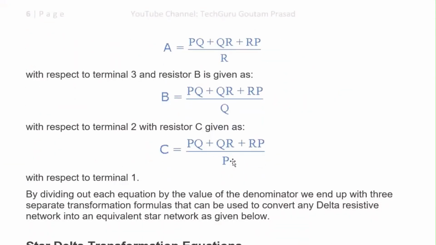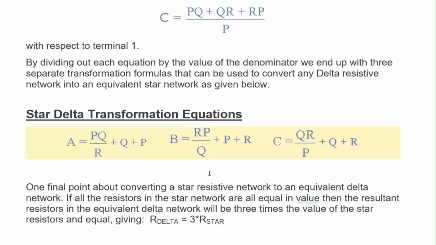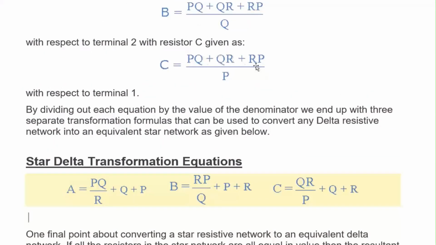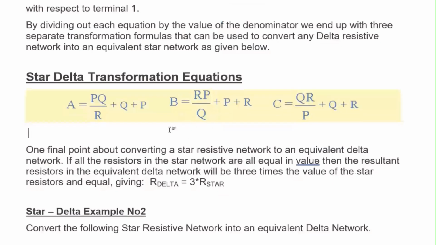So here is the formula for B and C in the similar fashion. Okay, so the whole formula becomes like this. A is equal to PQ by R plus Q plus P. You can resolve it, if you divide it by P, this will yield Q plus R divided by QR by P. You can write it in this fashion also.